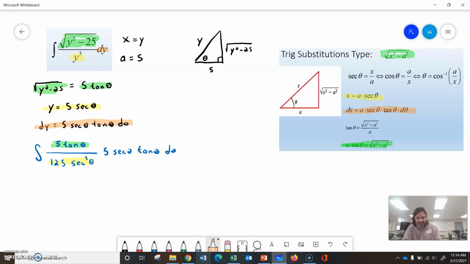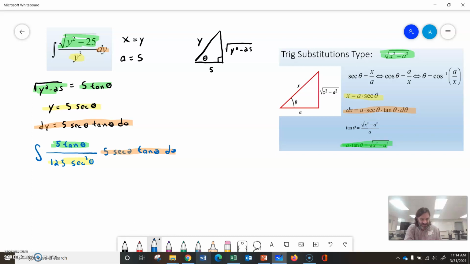I've got other things written down in the template, but they're just really kind of helping us get to where we're going. They might not be necessary to write down if you can get everything organized. So let's see here. What do we have? We have 1 secant on top and 3 secants on the bottom. We have 2 5s on top, 1 5 on the bottom.